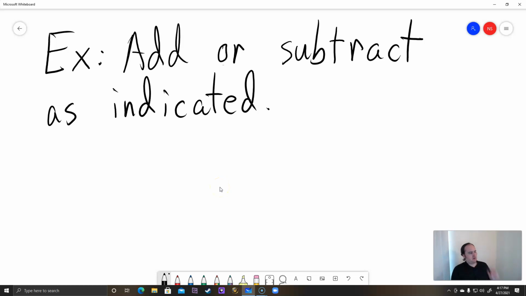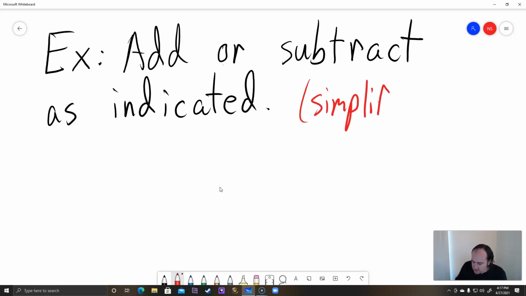Or sometimes they'll just say, perform the indicated operation. It means the same thing. And they don't say it, but you always want to simplify. I'll put it in parentheses because it's not actually in the instructions, but you always need to do that whether they tell you or not.